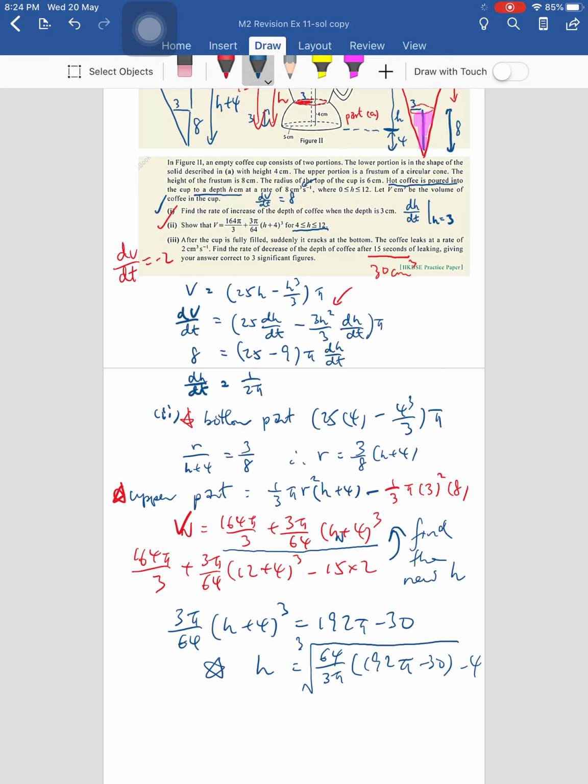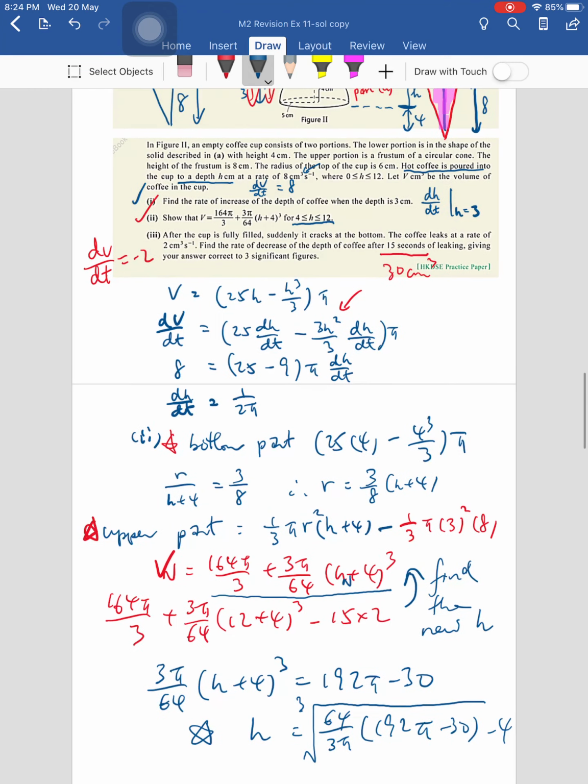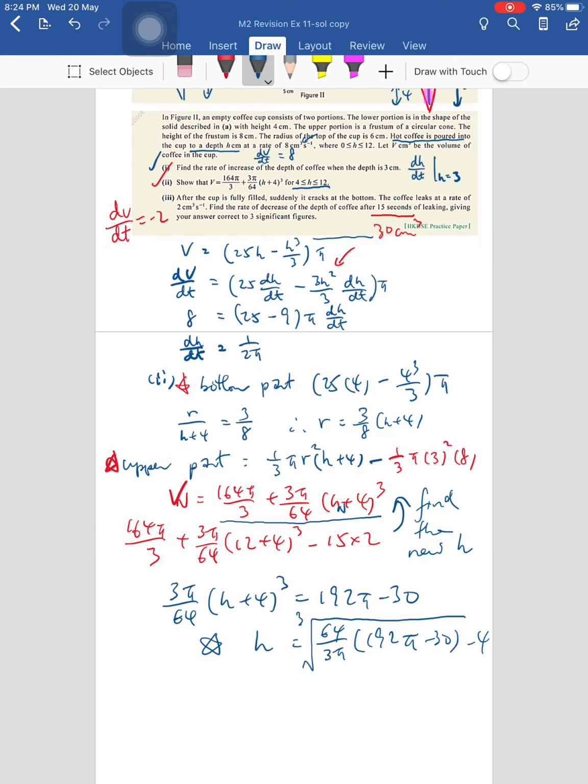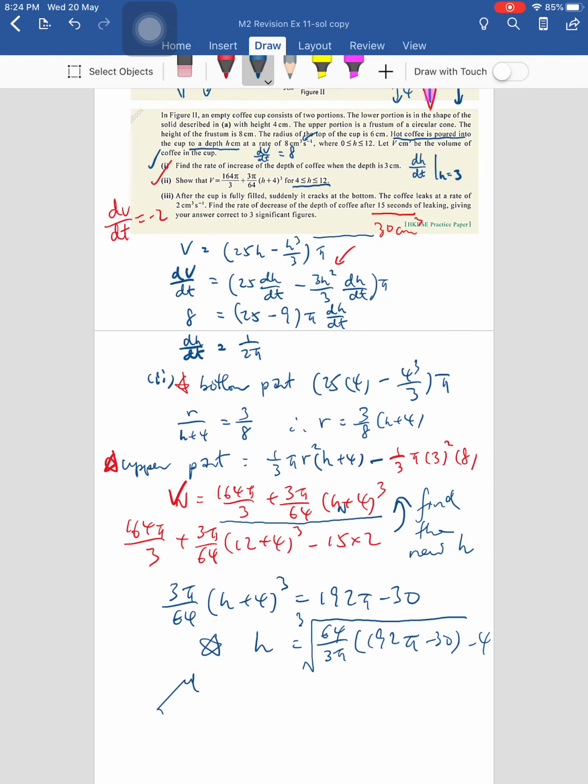And now you are going to find out the rate of change of depth. So again you want to find out dh dt, just like here you find out the dh dt.